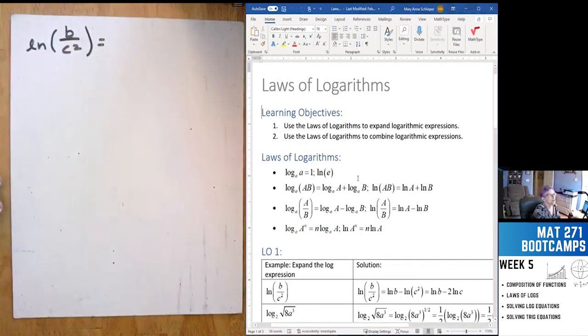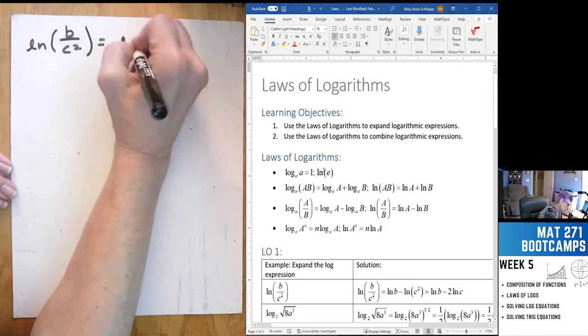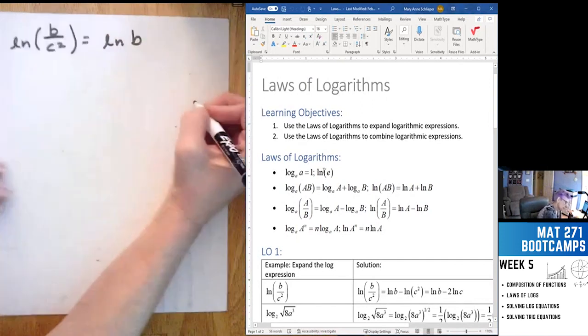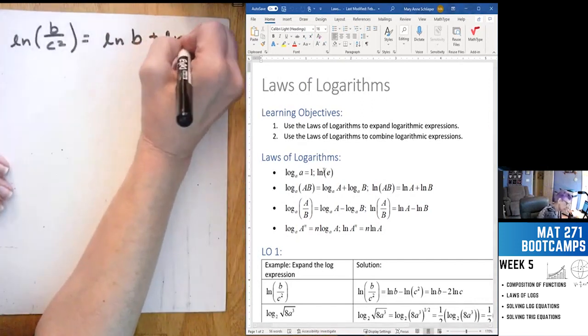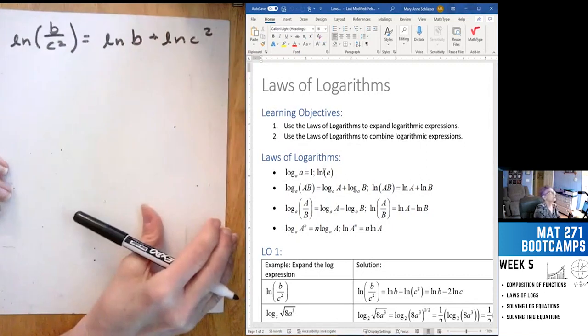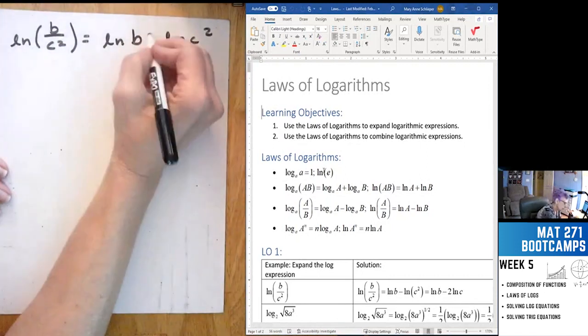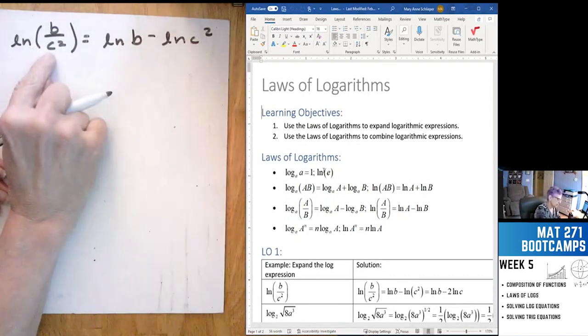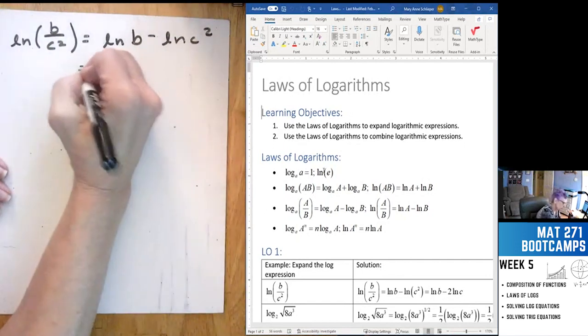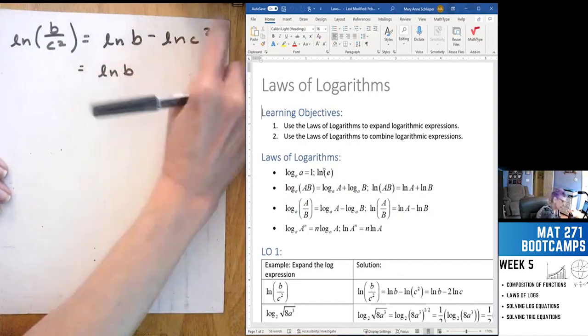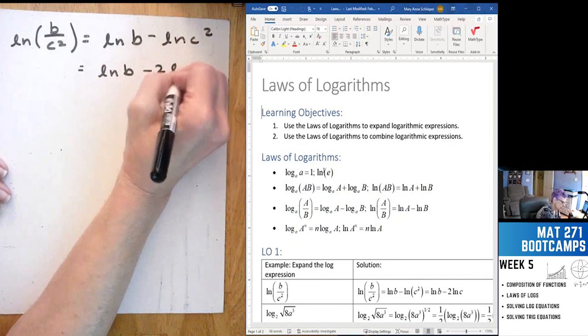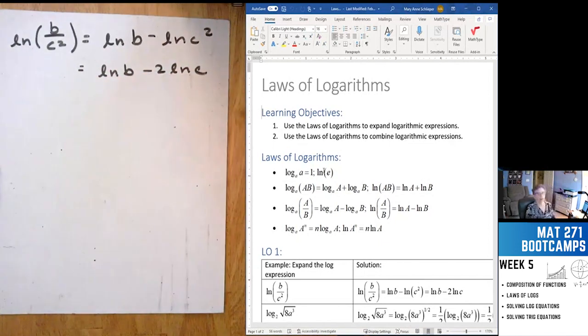So first we'll use this product sum rule that says this is the same as the natural log of B plus the natural log, minus the natural log of C squared, because that's on the bottom. And then the 2 can fall down. Easy peasy.